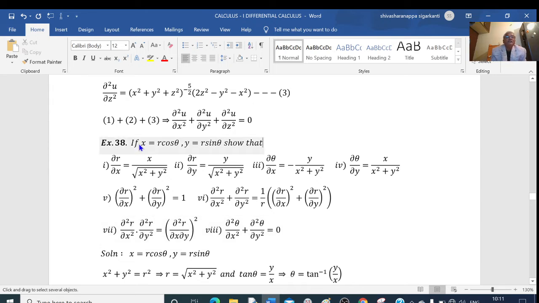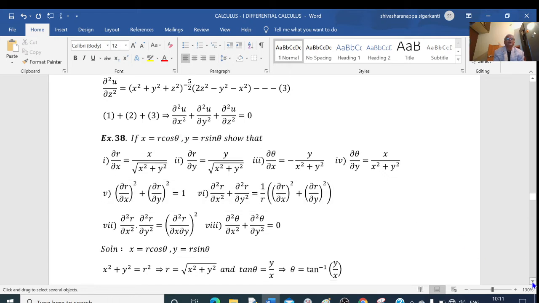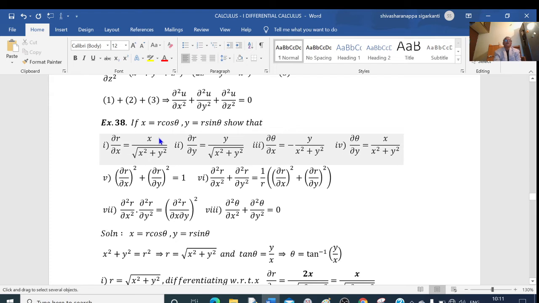See here, x is a function of r and θ, y is a function of r and θ. So here r and θ are independent variables, x is the dependent variable. r and θ are independent variables, y is the dependent variable. Now here, from these two equations, x and y are expressed in terms of r and θ. We can express r and θ in terms of x and y also.